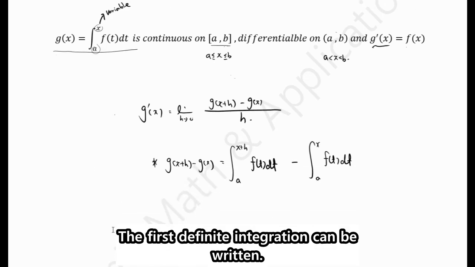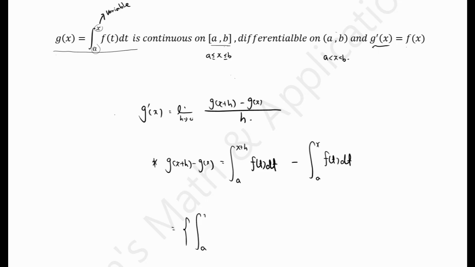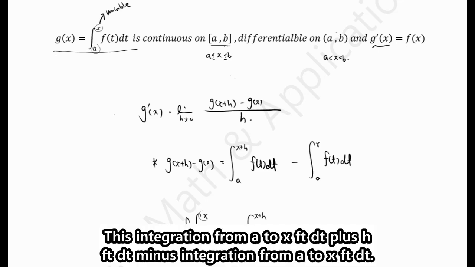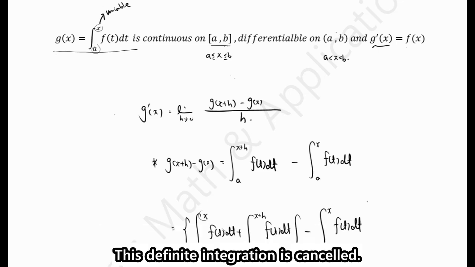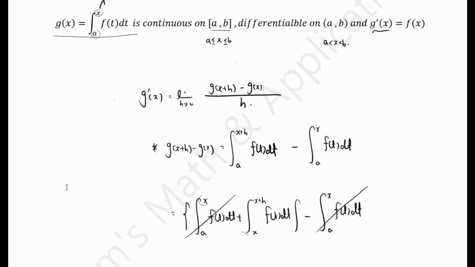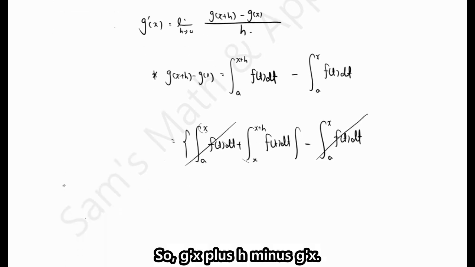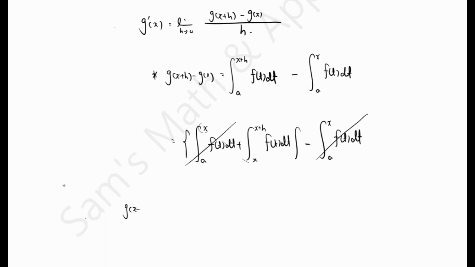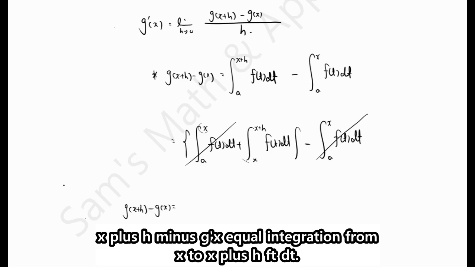The first definite integral can be written as the integral from a to x of f(t) dt plus the integral from x to x plus h of f(t) dt, minus the integral from a to x of f(t) dt. The integral from a to x is cancelled. So g(x plus h) minus g(x) equals the integral from x to x plus h of f(t) dt.